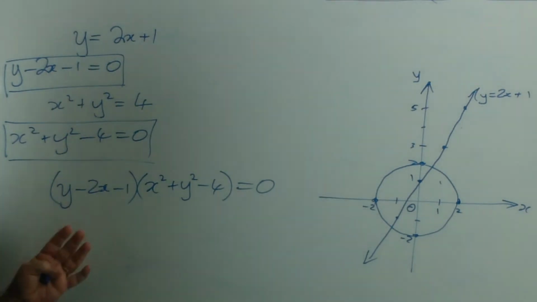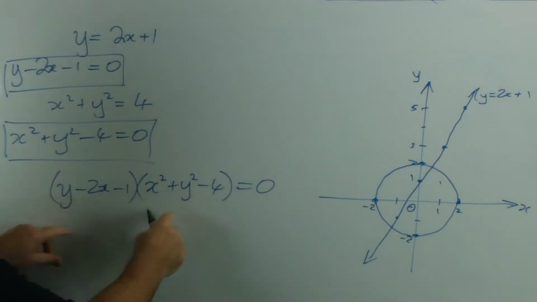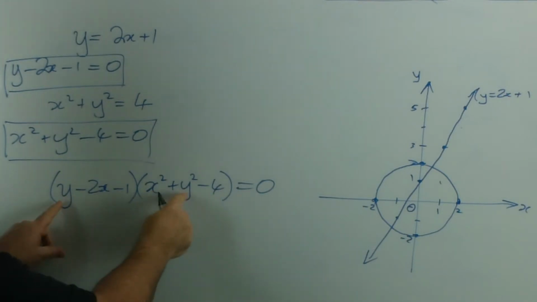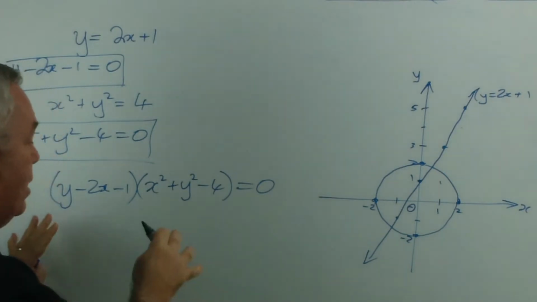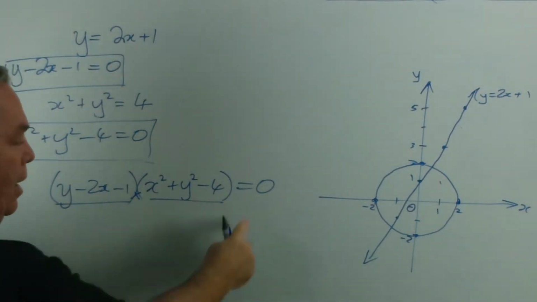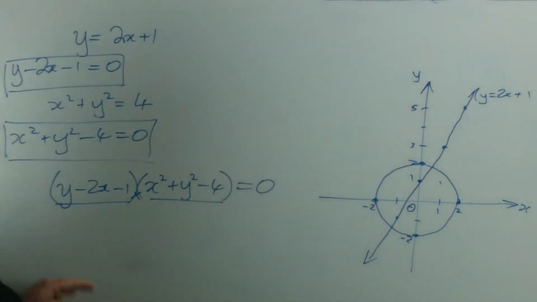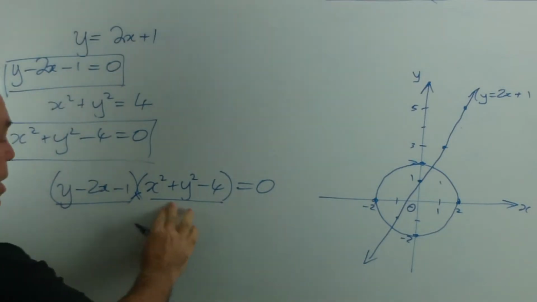This is a rather complex equation. If you expanded all the terms, there'd be x cubed terms and x squared y and xy squared and y cubed and x and y terms and so forth. A very complex equation, but because it's a product of 2 factors equaling 0, then either this must be 0 or this must be 0.